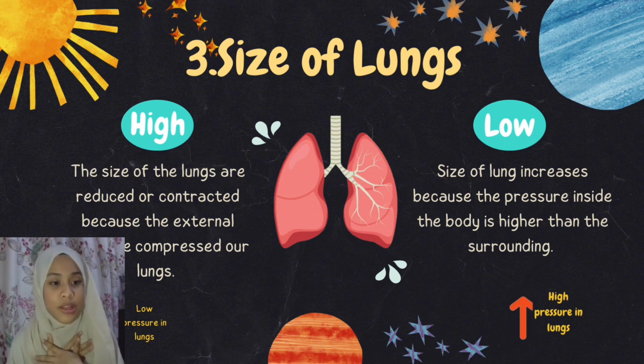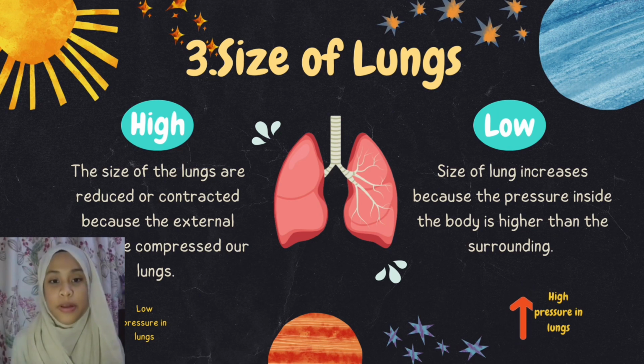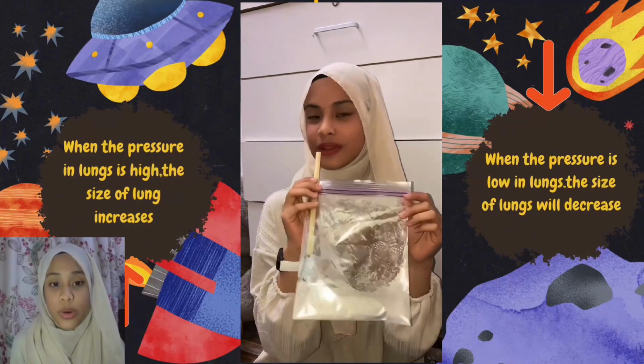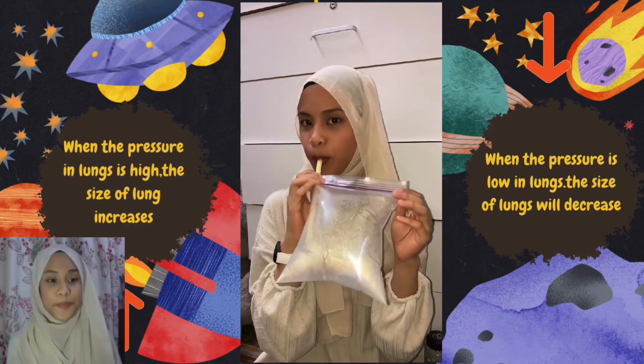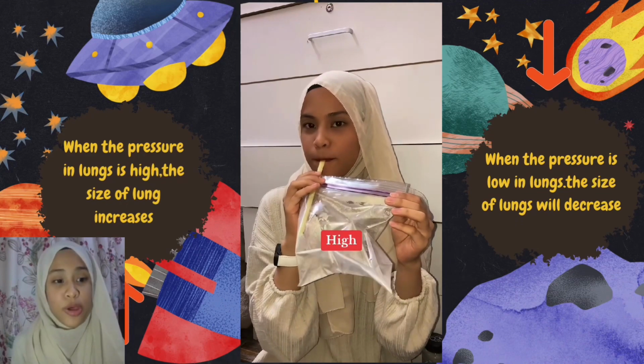So inside our lungs there will be higher pressure and outside our lungs lower pressure. And that's why our lungs will expand and become bigger. This is another example of the size of the lungs. During low gravity they become bigger, and during high gravity they become smaller, or we call it shrink.